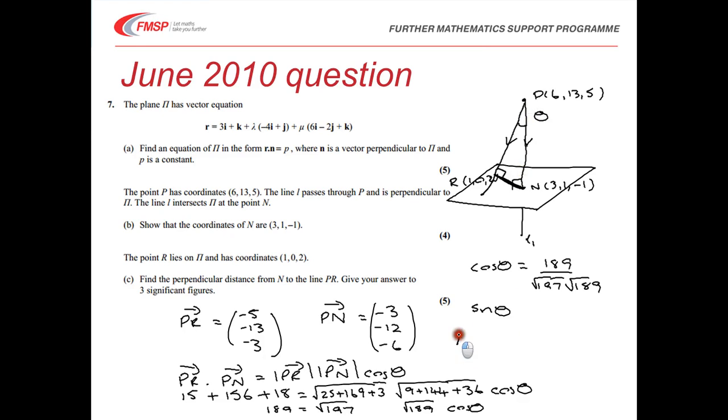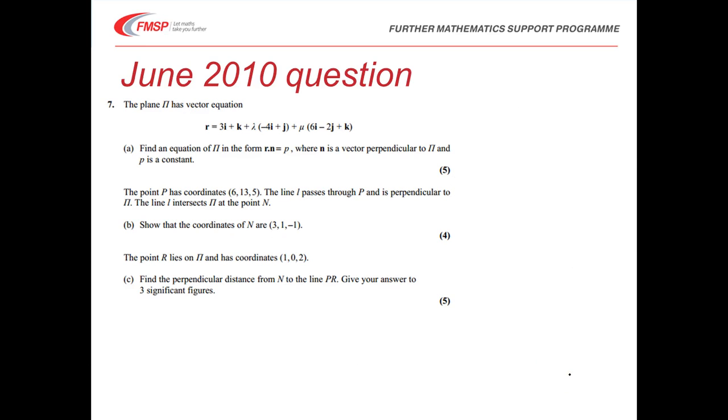So the answer will be the length of PN, which is the square root of 189 times sine theta. Just to mention, the way that you would get sine theta from knowing cos theta is to use cos squared plus sine squared equals 1, and anyway to 3 significant figures, you get 3.61 for this.